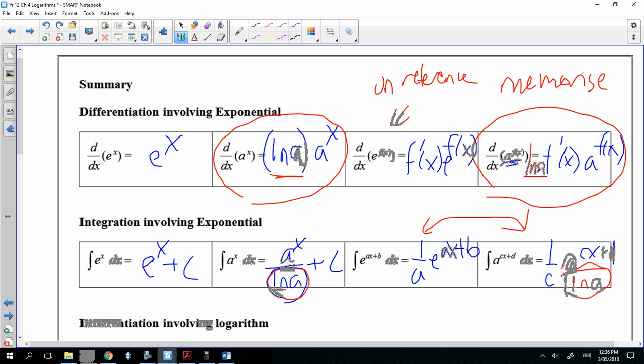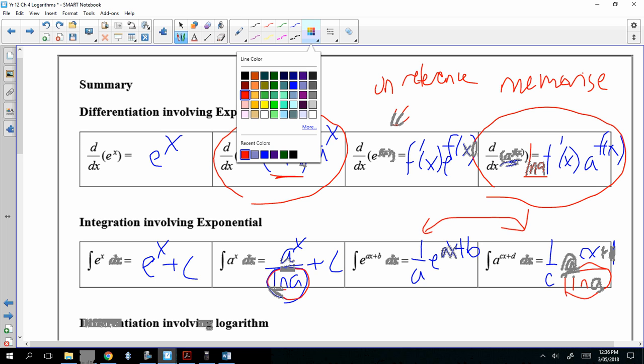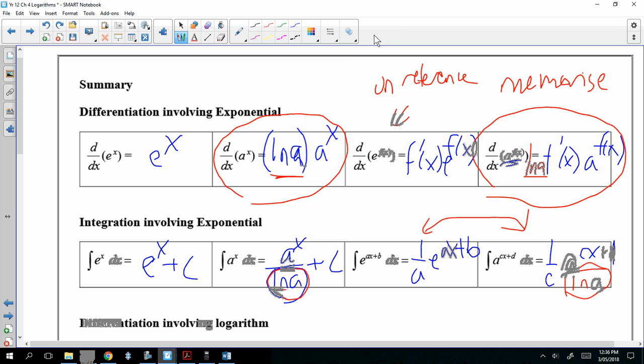Okay, good. All right, one more, which is the differentiation of logarithms. So ln x is 1 on x. The derivative of that is f'(x) over f(x). Like that.